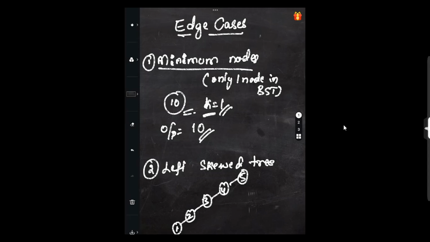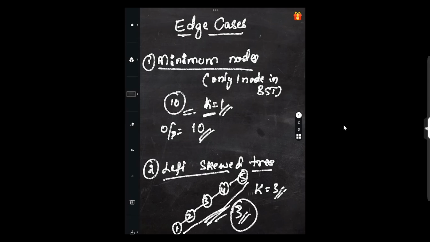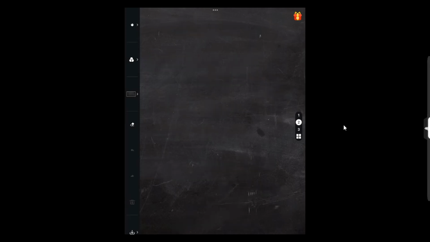Suppose let's consider k equals 3. So the output will be 3. We have to consider the third least element. We have the elements 1, 2, 3, 4, 5, and we can clearly see the third least element here is 3. I hope this is clear. This is the second edge case, the condition left skewed tree.